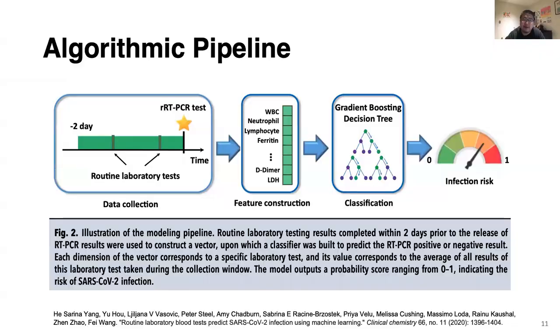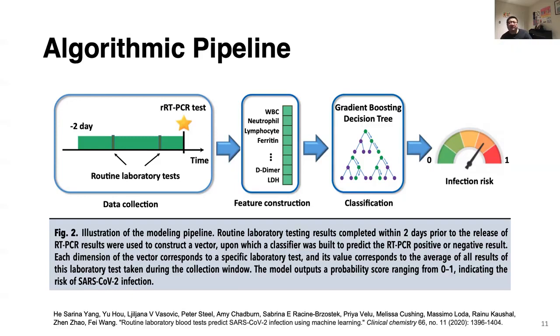Based on this observation, we are thinking, can we leverage the routine blood test results of the patients around the time when the patient was taking the RT-PCR test?